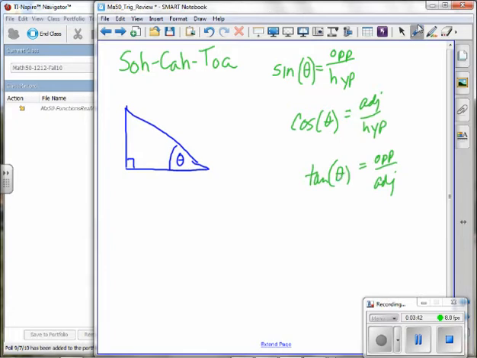So if we're looking at the input, and we say these are trig functions, so there must be an input somewhere. What's our input?